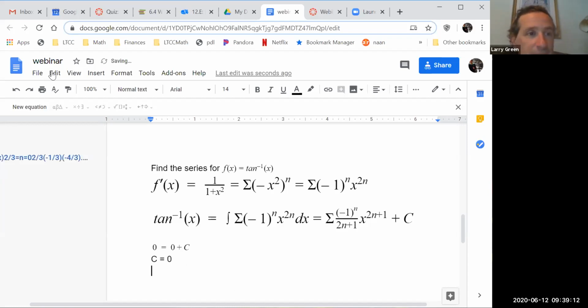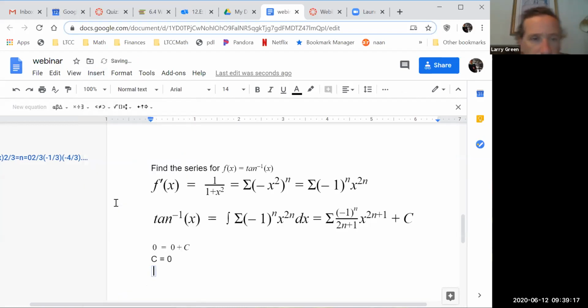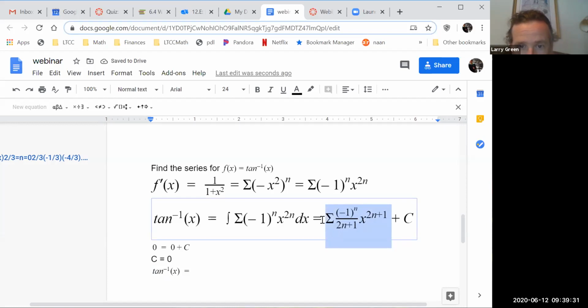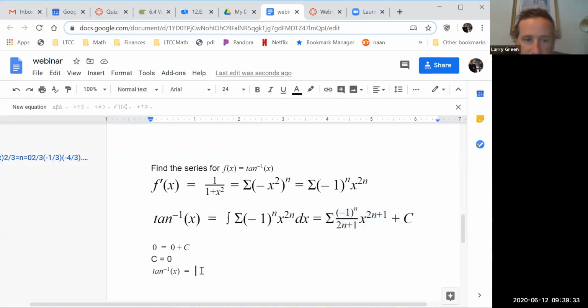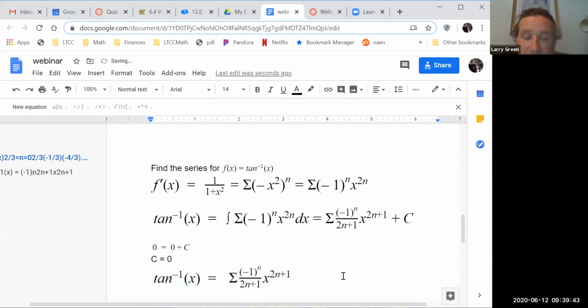Okay, so in particular, we can say that the inverse tangent of x is equal to the summation of negative 1 to the n over 2n plus 1, x to the 2n plus 1.